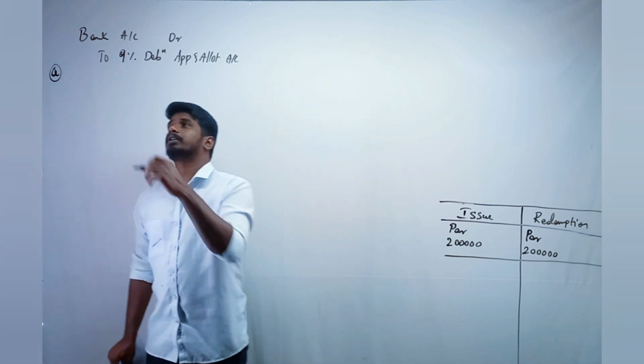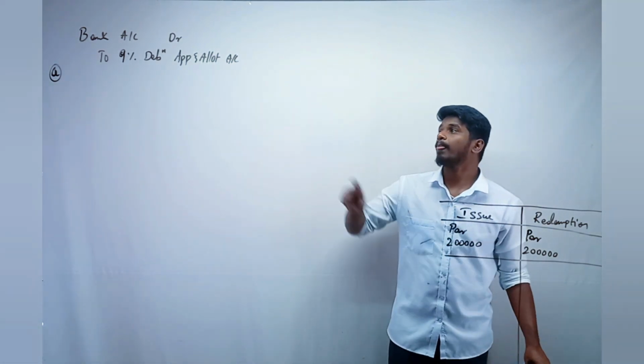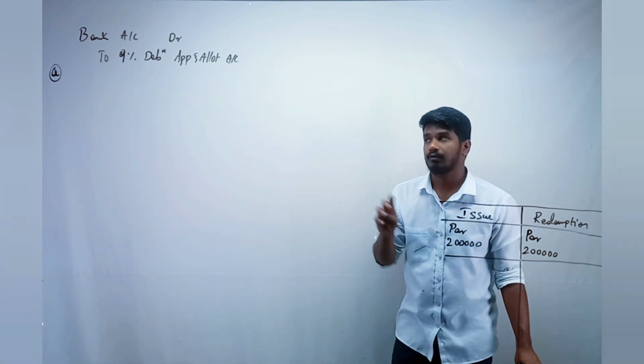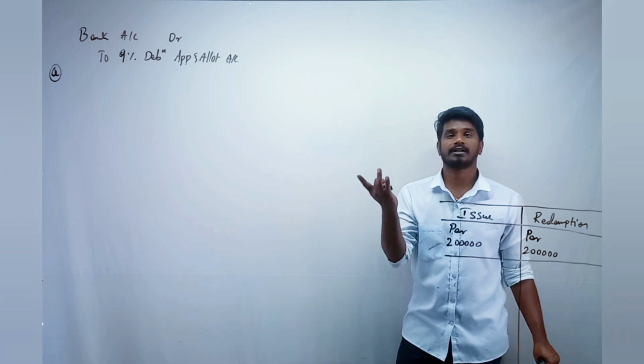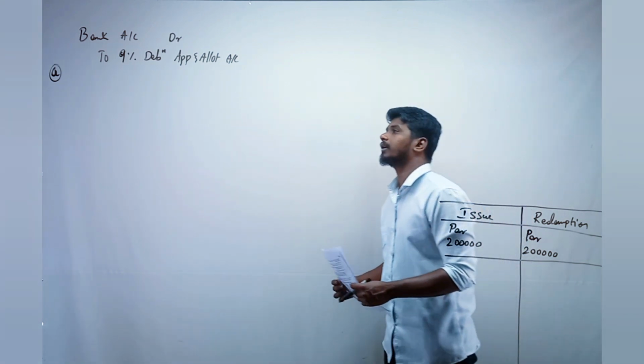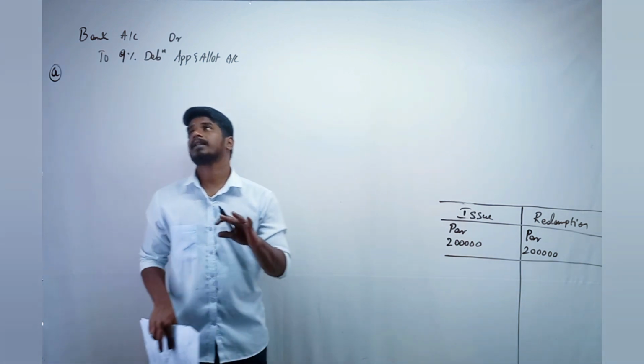So the narration will be, you should write it down. The narration will be being application money received, or being 9% debenture application money received. However you want, you can write it down, correct. So write it down.